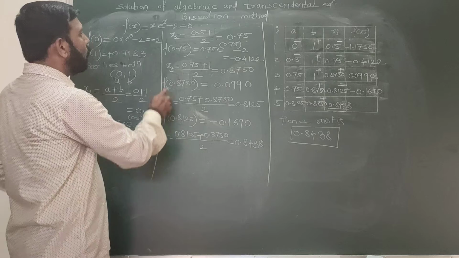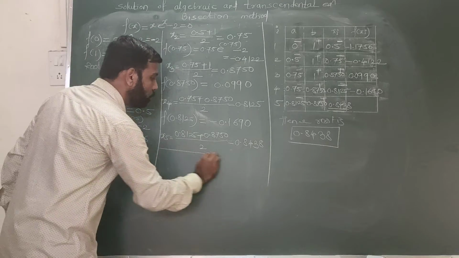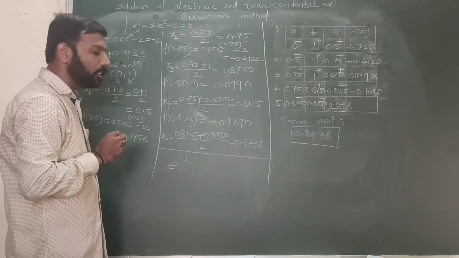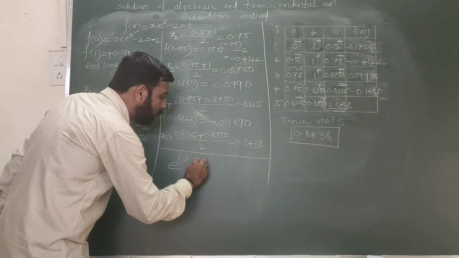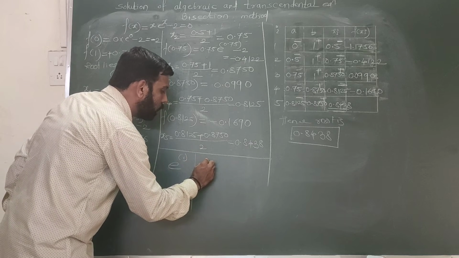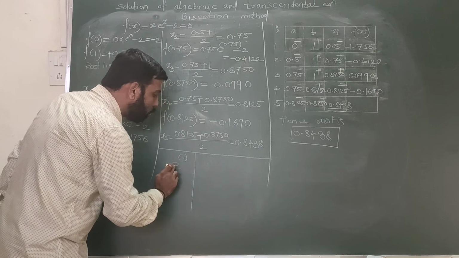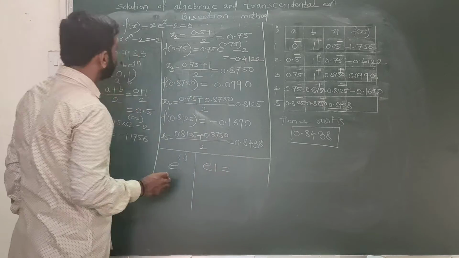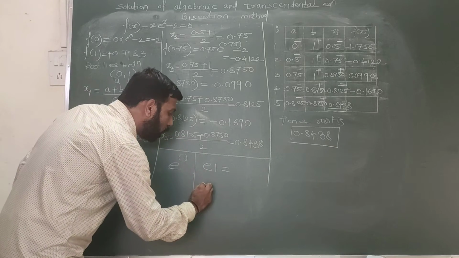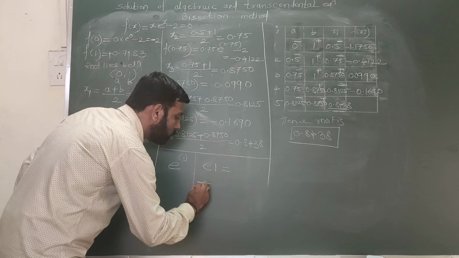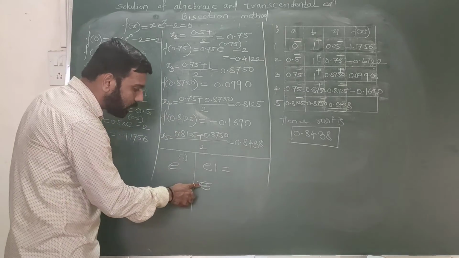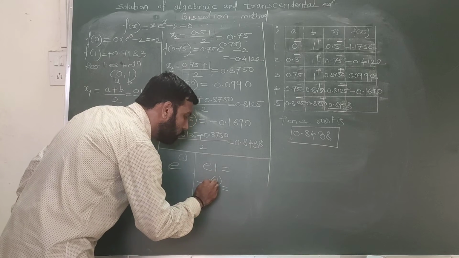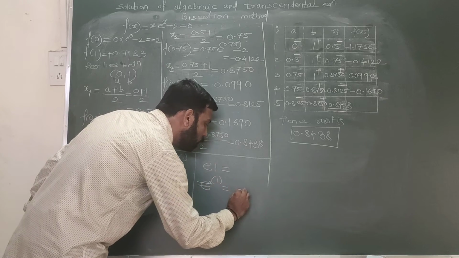Now one thing: while calculating exponential values, e raised to 1, how do we find it on the calculator? On the calculator there are two keys that we can use. For e of 1, we can press the e key and put the number, then we get the output. Or by using the shift key, there will be one symbol like this, the cap, and we substitute the value 1 and get the output.